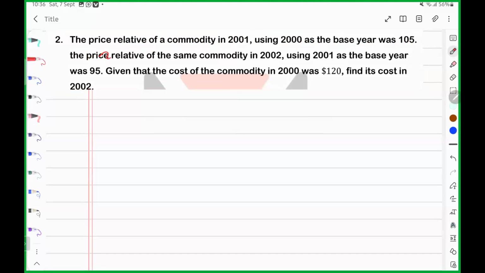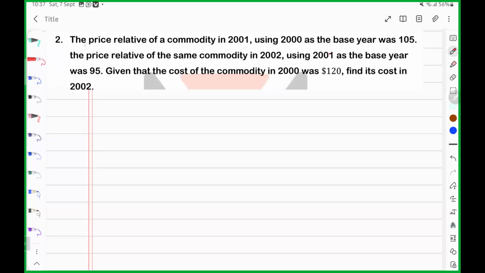Then the price relative of the same commodity in 2002 using 2001 as the base year was 95. Given that the cost of the commodity in 2000 was $120, find the cost of that same item in 2002.